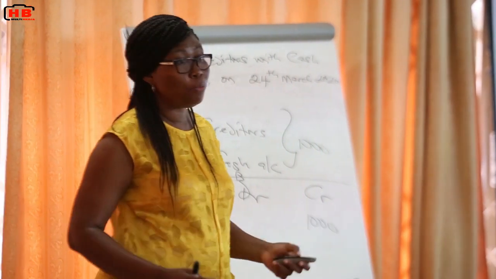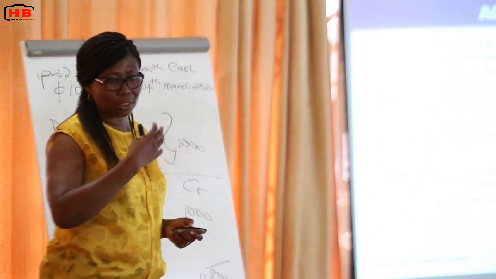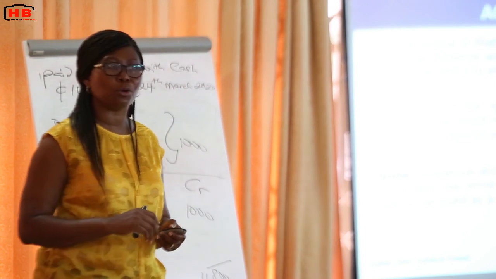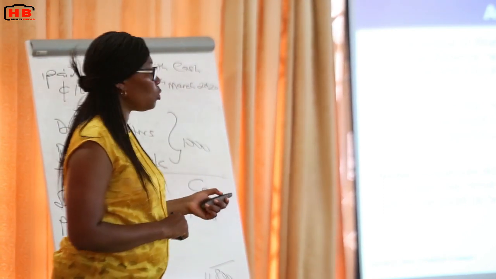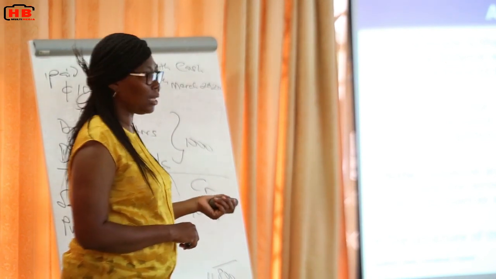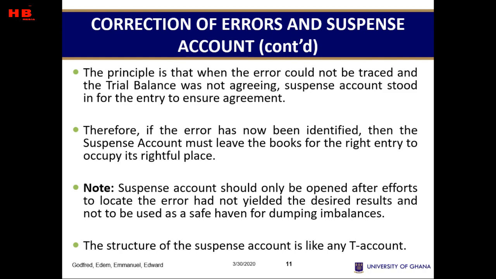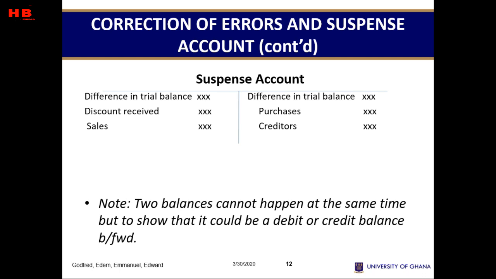It is possible because we are using figures, and there is the temptation that once we cannot get it done, let's just push it and continue. So management is always careful with suspense accounts in practical terms. Now, how does the suspense account look? We have gone round with a T account, just like a normal account that we have.